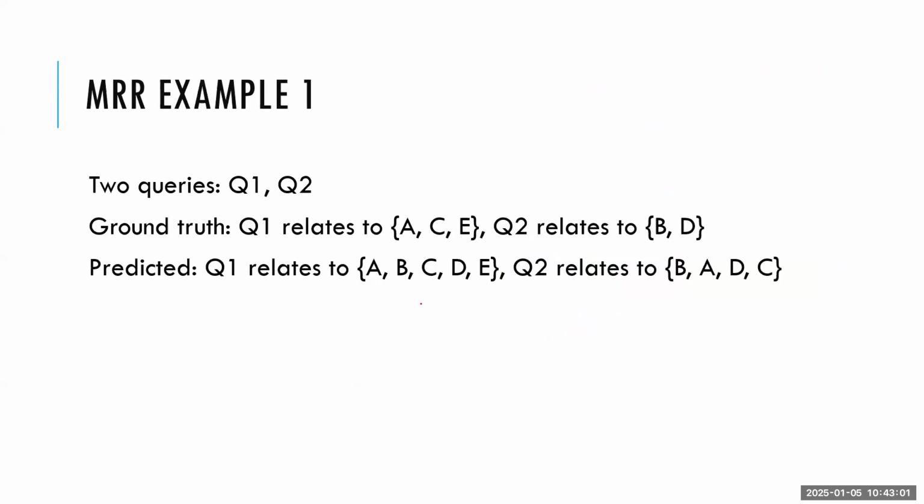So for example, I have my ranking A, B, C, D, E for Q1. And then for Q2, I also have B, A, D, C. So what is the MRR for this? Right, so I have two queries, so it's 1/2. And then I have 1 over rank for each of the queries.